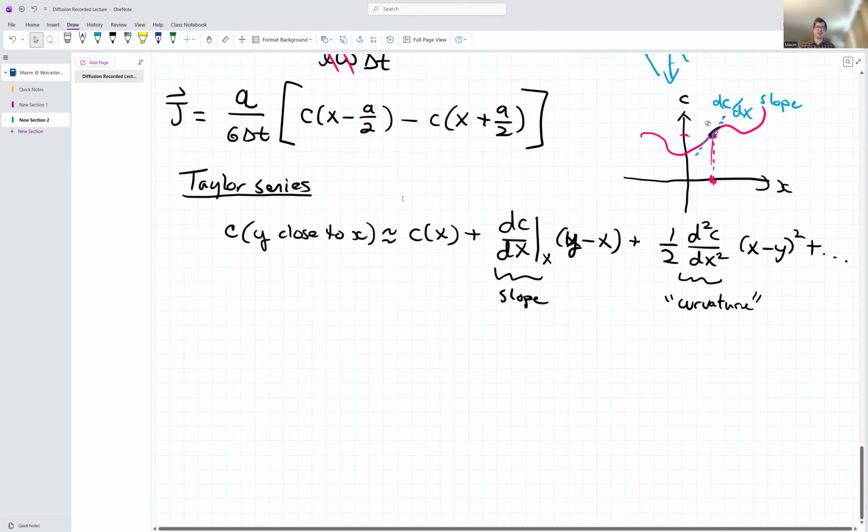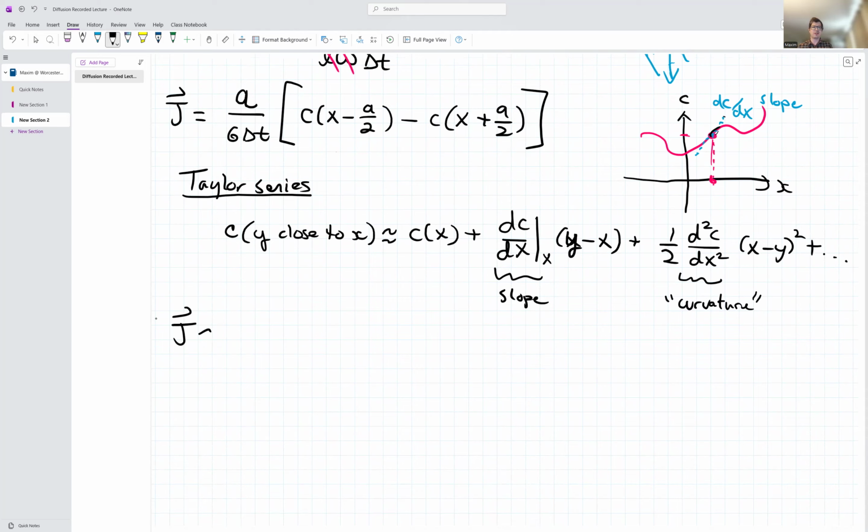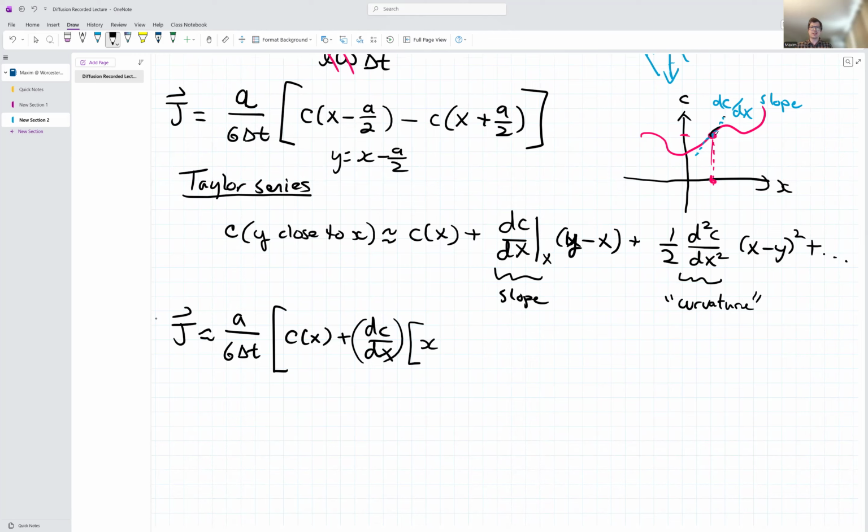Let's use this Taylor series to approximate. So J is approximately A over 6 delta T. So what is this first one? Y is equal to X minus A over 2 in this case. See what we get. So we get C of X plus dc dx, that's the derivative evaluated at x. Y is now x minus a over 2 minus x.